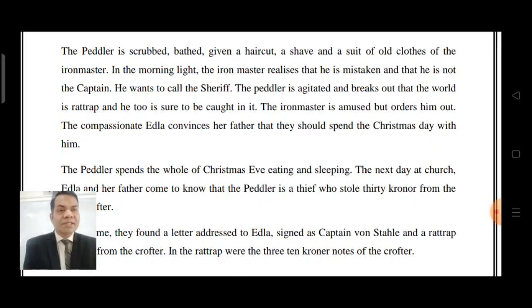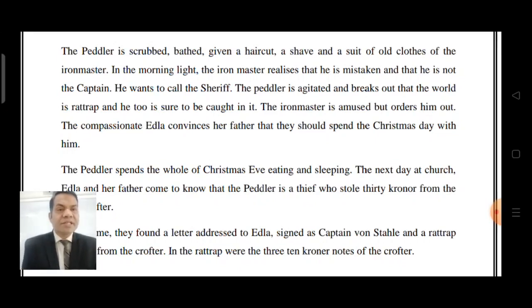In the morning light, the iron master realizes that he is mistaken and that he is not the captain. He wants to call the sheriff. The peddler is agitated and breaks out that the world is a rat trap and he too is sure to be caught in it. The iron master is amused but orders him out.